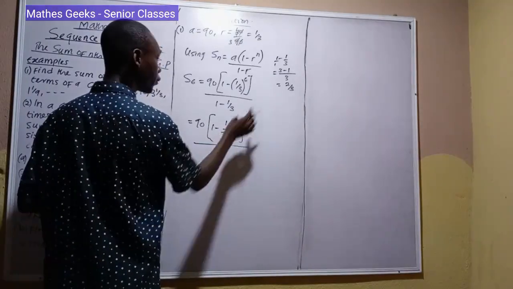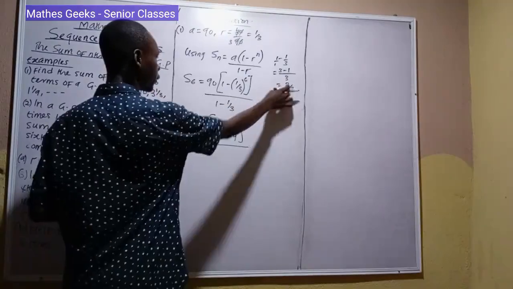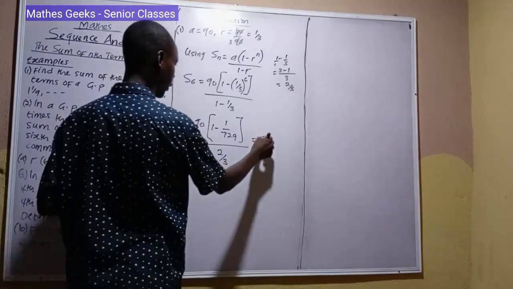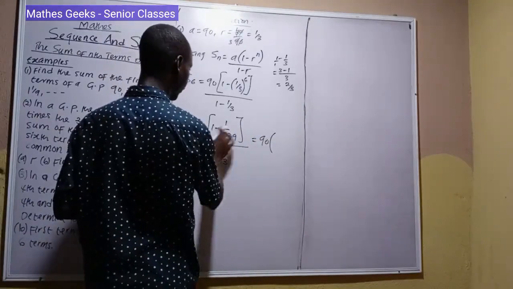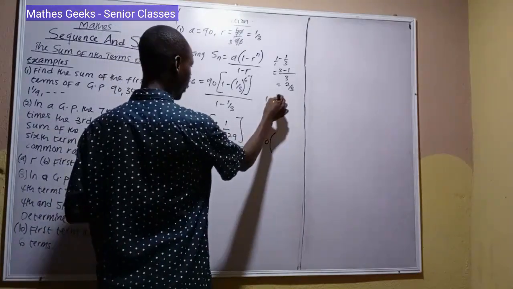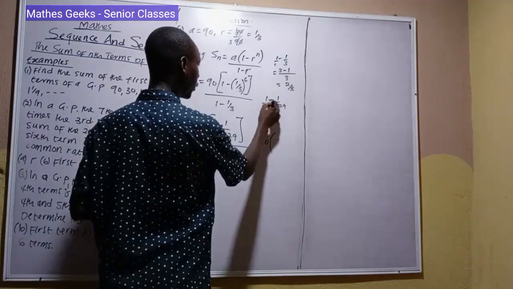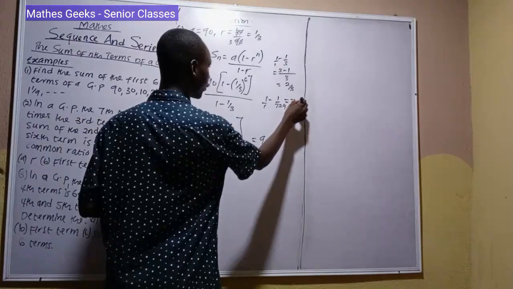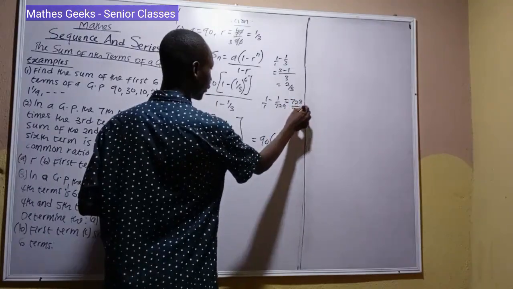Over 1 minus 1 over 3, which is 2 over 3. Bringing 1 minus 1 over 729, when you simplify, you're going to have 728 over 729.